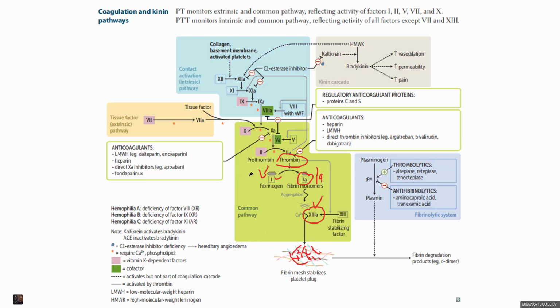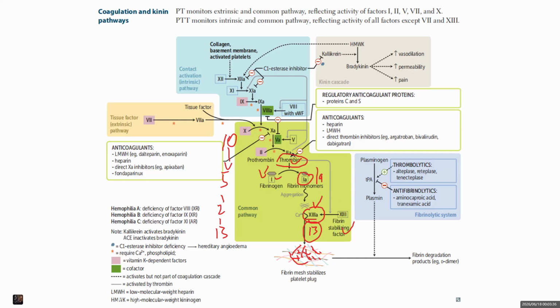So the common pathway travels from factor 10, then to factor 5, then to factor 2, then to factor 1. And so, okay, sorry, this is not factor 8, this is actually factor 13. Yeah, my mistake. So factor 13, and this 13a helps to stabilize all of that, right? And both of the roles are being done by the thrombin.